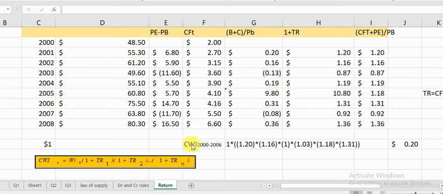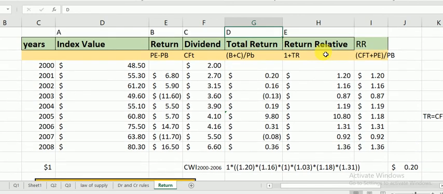This is the formula: CWI, cumulative wealth index from 2000 to 2006. WI0 here is $1. I take the wealth index at time 0 as $1, then 1 plus total return TR1, that is 1.10. I took this value from the return relative here. 1 plus return relative is equal to 1 plus TR.